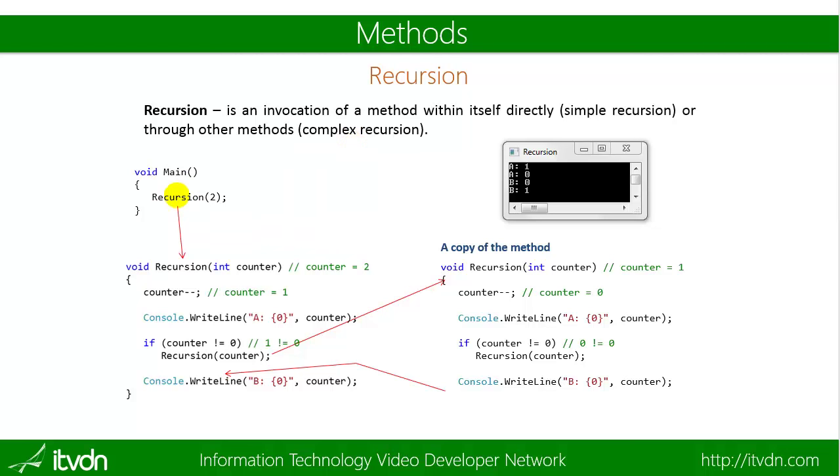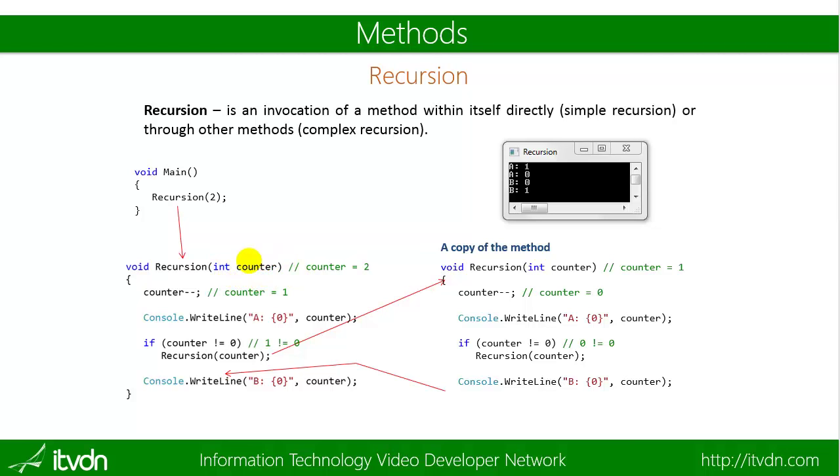Here in the main part, we have our main entry point. In this main entry point, we're calling a method, recursion 2. We mean we want it to run 2 times. So what happens is, from here you're being directed to the body of our method here. We have a method named recursion, and in its parameter we have a counter, an int type.